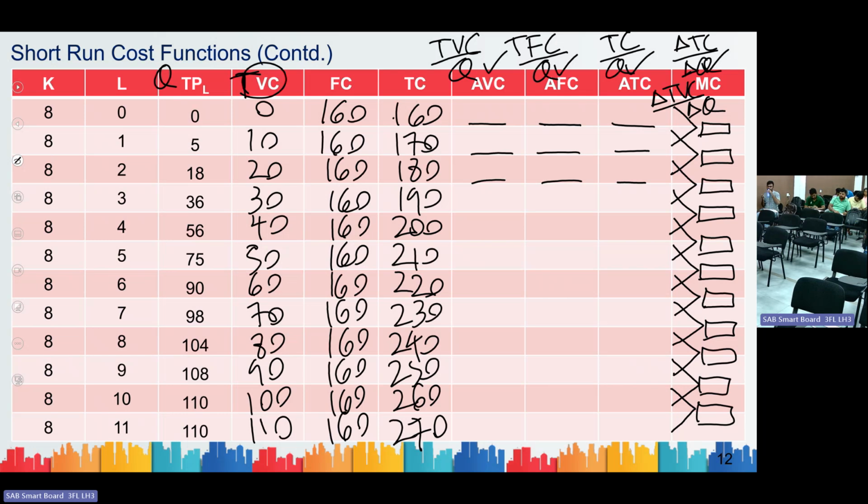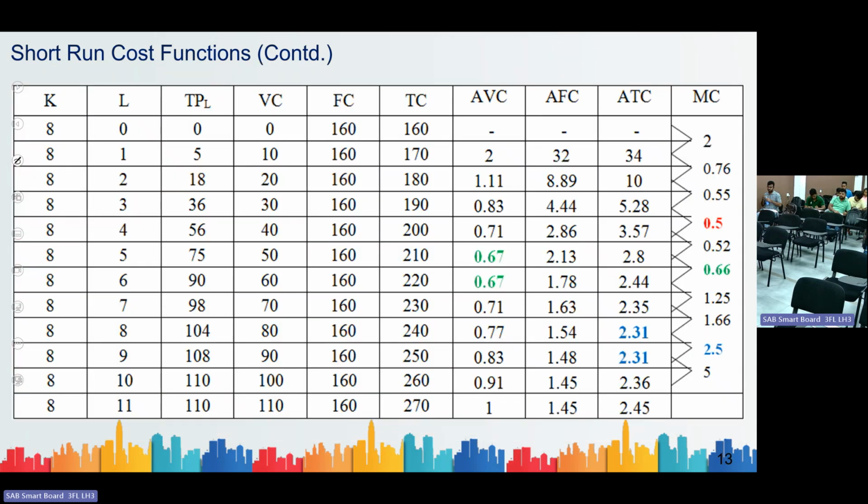To save time, I will quickly go to the answers. AVC. For the first points, when output level is 0, zero divided by 0, no answer.